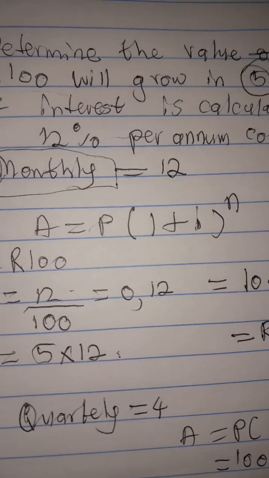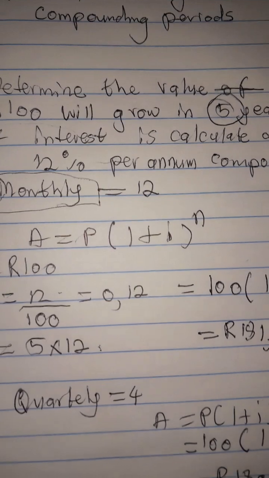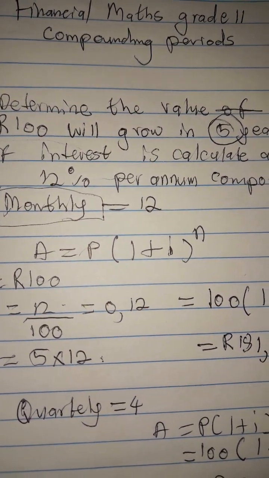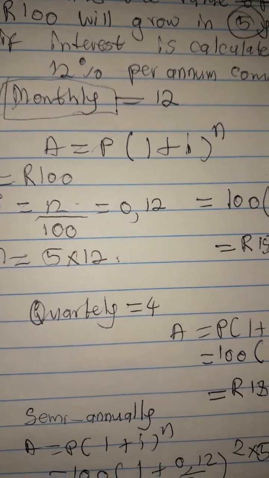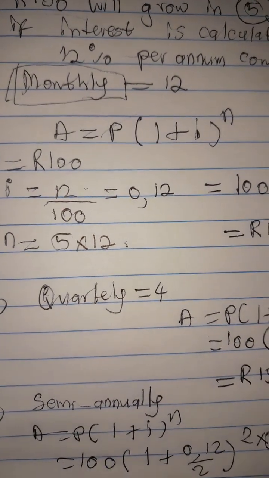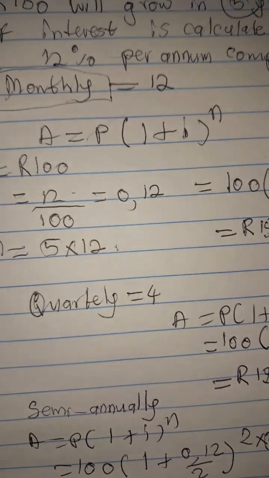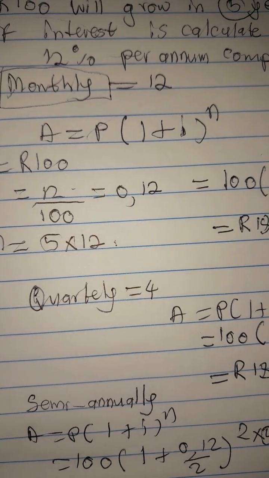So that's how, guys, you can use a compound formula when you are given different compounding periods. Remember that when it's monthly, it's 12, quarterly it's 4, semi-annually it's half yearly, which is 2. And remember that daily is 365 and so on.